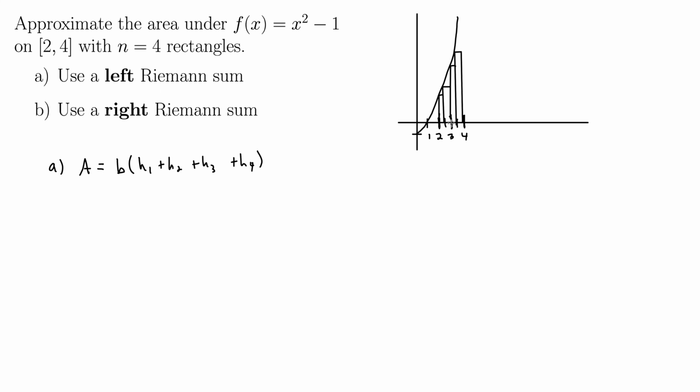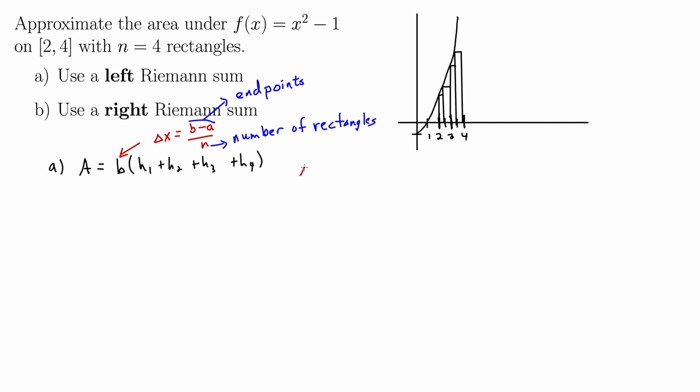We can see that from our picture, but let's get a little bit more of a mathematical grasp on the base. Remember, the base is determined from delta x equals b minus a over n, where a and b are the endpoints of our interval and n is the number of rectangles.